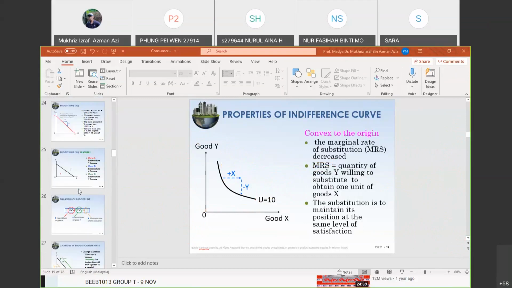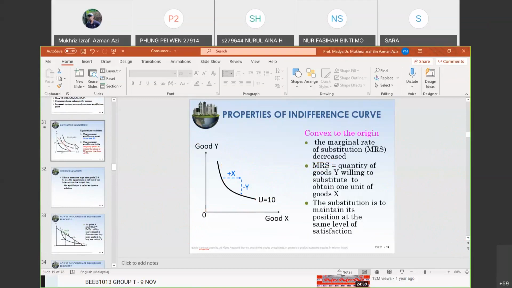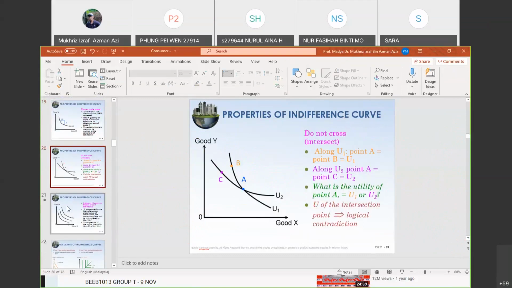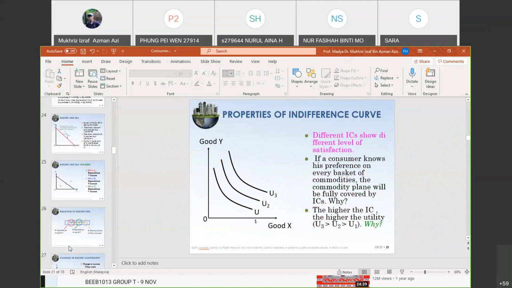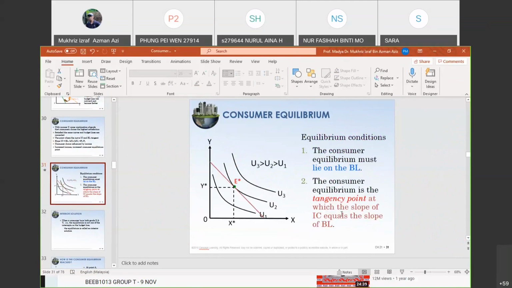So when you talk about the equilibrium point, the word equilibrium is when the slope of IC equals the slope of BL.